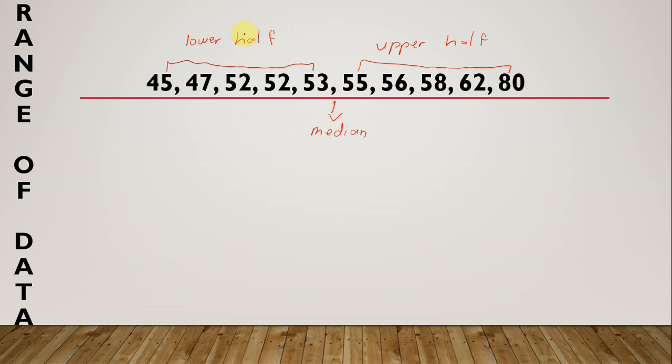Yung symbol po na ginagamit natin to represent the lower half is LQ or kaya Q sub 1. Para naman po sa upper half, gumagamit po tayo ng symbol na UQ or kaya Q sub 3. Lagi pong tatandaan na yung interquartile range is the difference between the upper quartile and the lower quartile. Kunin lang po natin yung middle value natin sa lower half. That is 52.